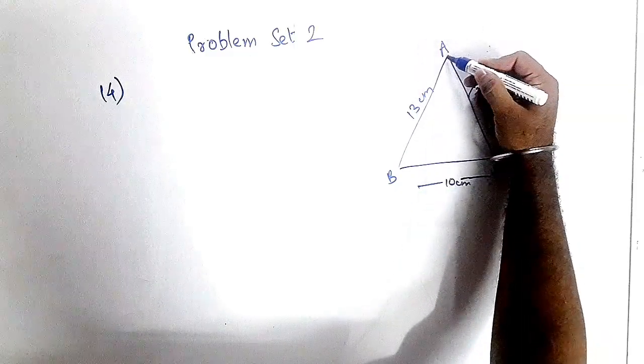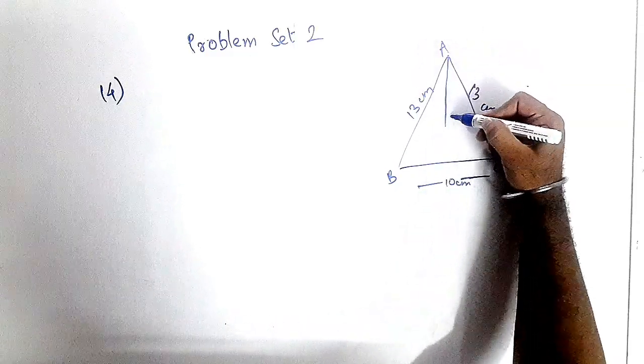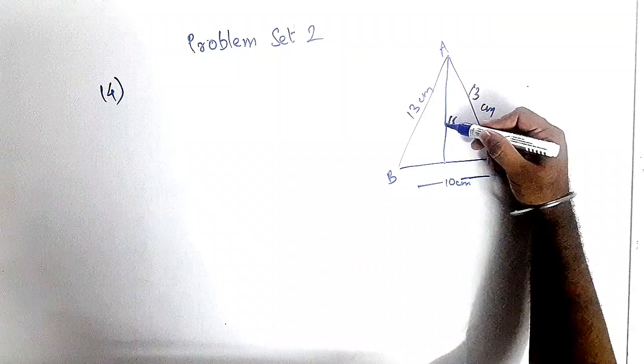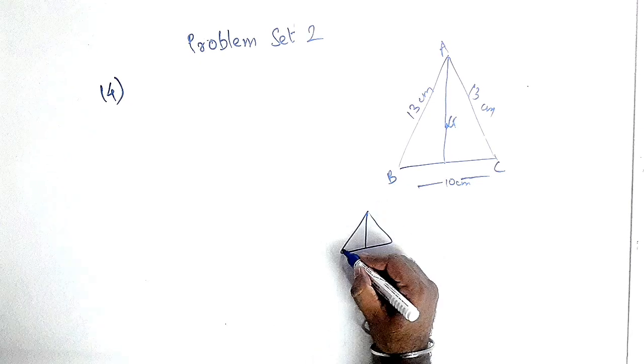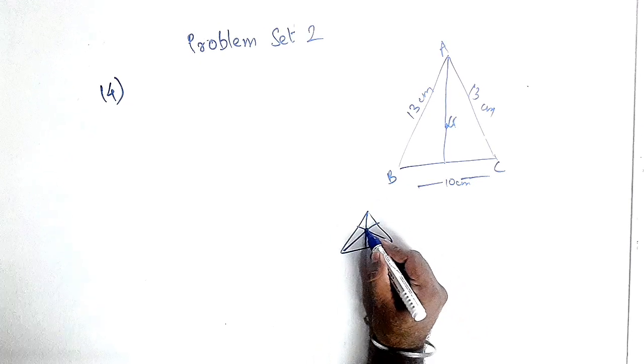Opposite the base means from here till the centroid. You know what is centroid? Centroid is the point at which the medians meet. This is a triangle. The three medians meet at the point.